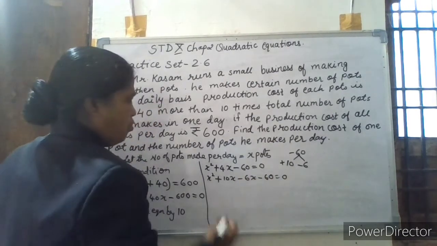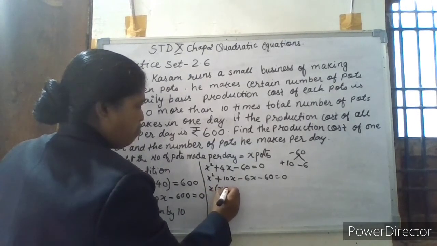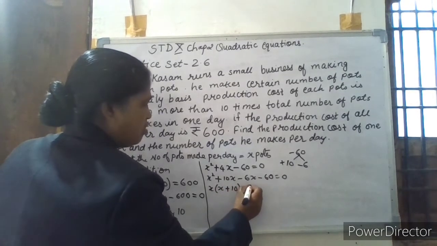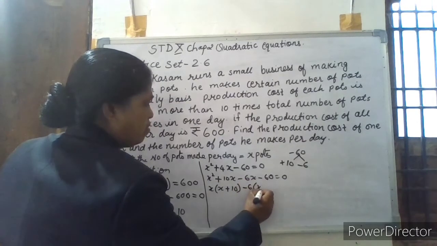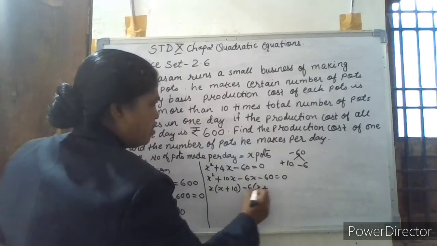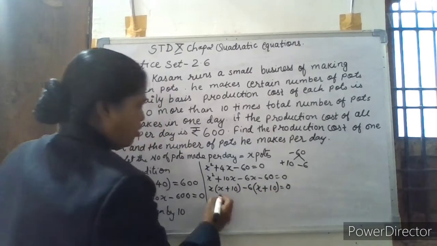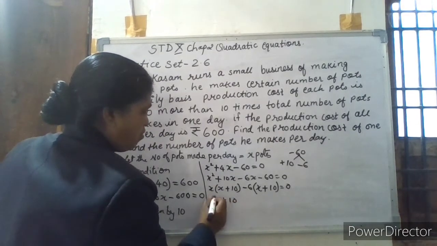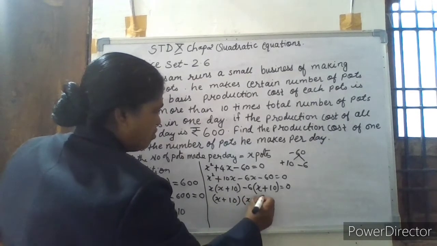Take out common, x into x plus 10, then minus 6 is common into uncommon, plus x minus into minus plus 10, 6 is 60 equal to 0. We got the same bracket, x plus 10, one bracket, the other one is x minus 6 equal to 0.